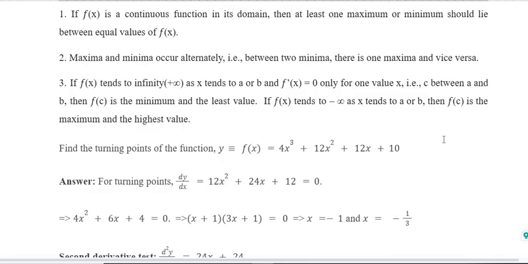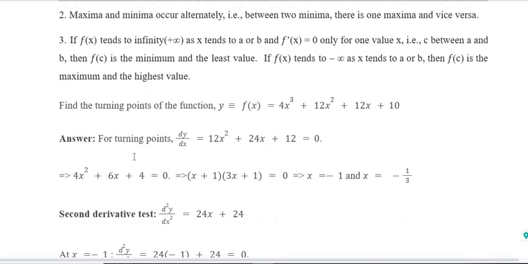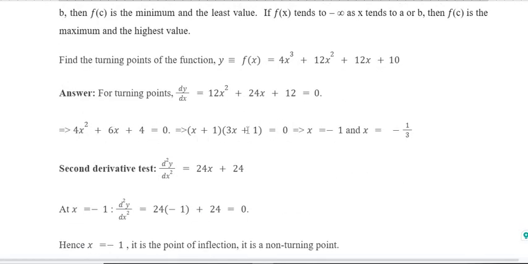At first we find the first order derivative, differentiating the function with respect to x. It becomes 12x^2 + 24x + 12, and this must be equal to 0. After simple factorization, we get the values of x: minus 1 and minus 1/3.